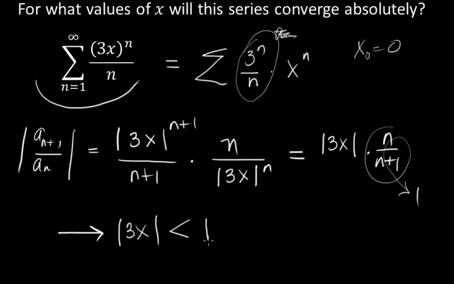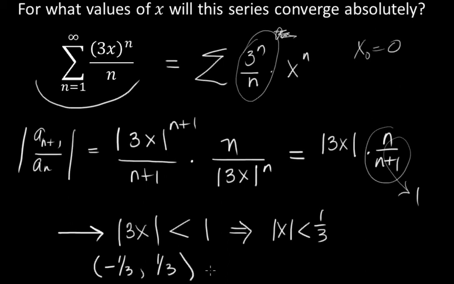And we want that to be less than 1 for the ratio test to give us absolute convergence. So this implies then, dividing both sides by 3, that the absolute value of x is less than 1/3, and our interval of convergence is negative 1/3, 1/3, and the radius of convergence is 1/3.